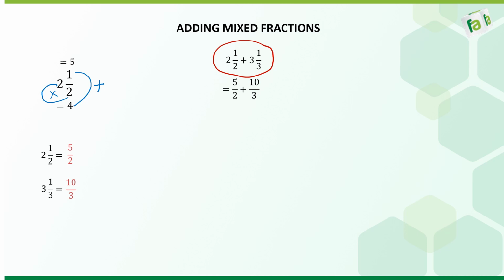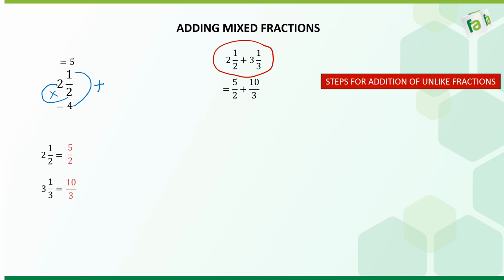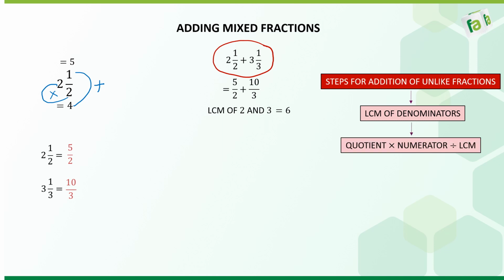From here on, we will follow the same procedure for adding unlike fractions. So the first step will be to take the LCM of the denominators. So the LCM of 2 and 3 will be 6. Our next step is to multiply numerator and quotient and divide them by LCM.